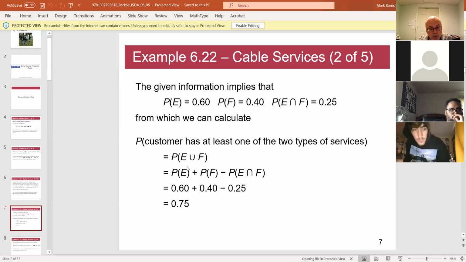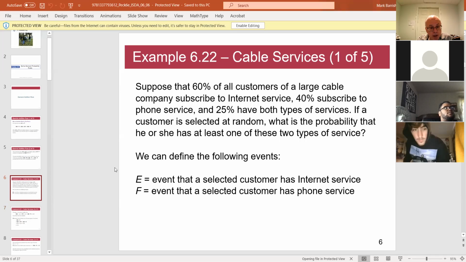Well, if you add the two probabilities, you get 0.6 plus 0.4, which is 1, which is 100%. But then you have to subtract the probability that they have both, because there's nothing in this problem that says that E and F are mutually exclusive. It is possible, isn't it, that a person has both internet and phone service with this company.